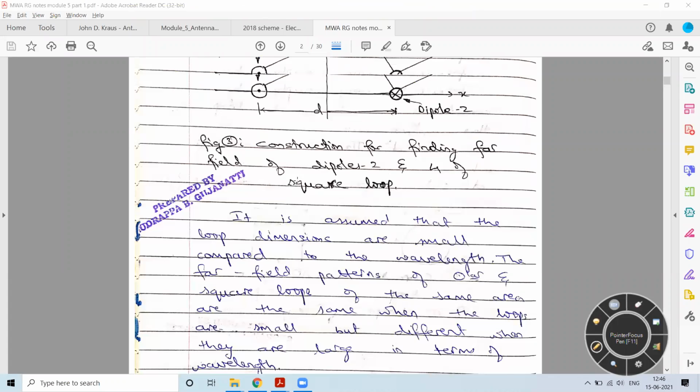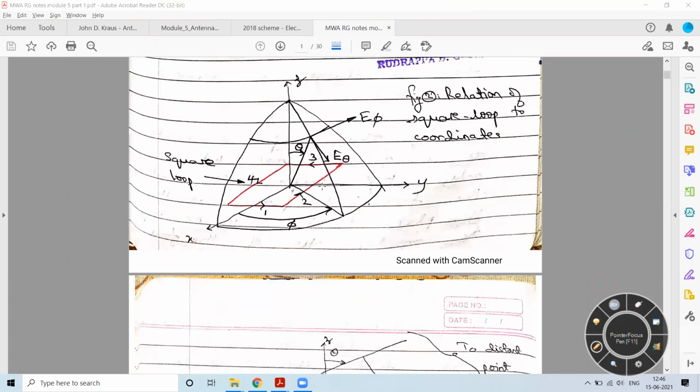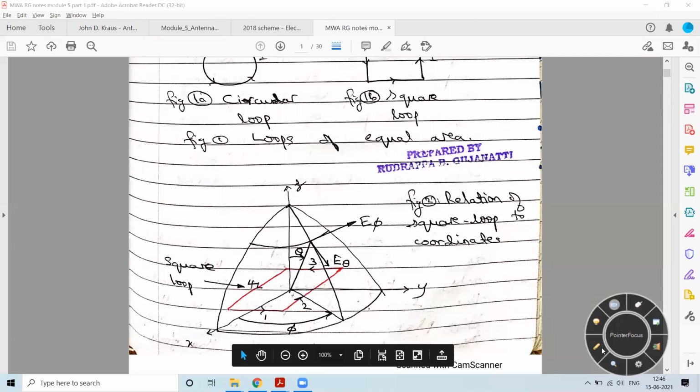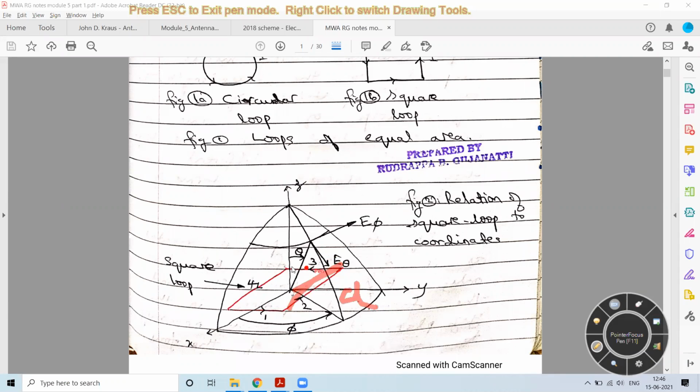If you look at the structure, if it is a square loop, one side has a length of D, and this side also has the length of D. If you observe, the distance between these two is also D. Now if you observe this one, this is a dipole we are considering.